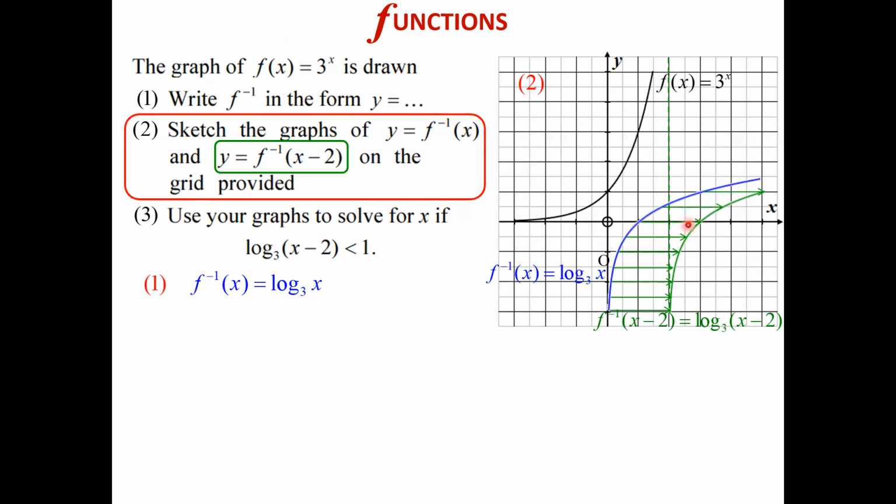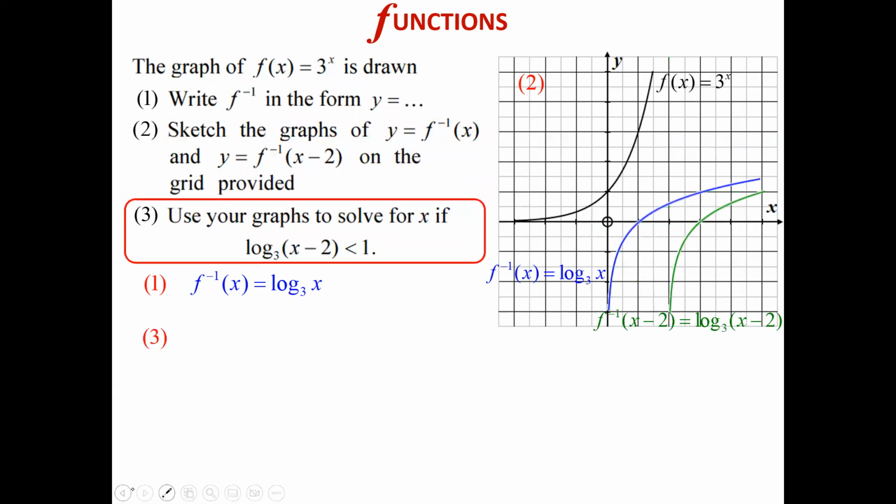The last one is an inequality. It says, use your graphs to solve for x if log of (x - 2) base 3 is less than 1. Now remember that the blue graph is the graph log x base 3.